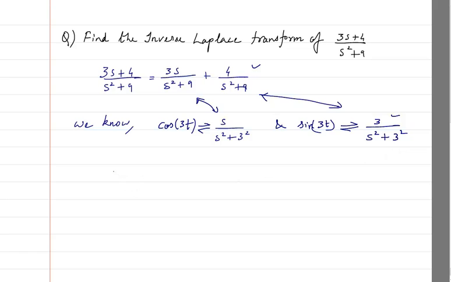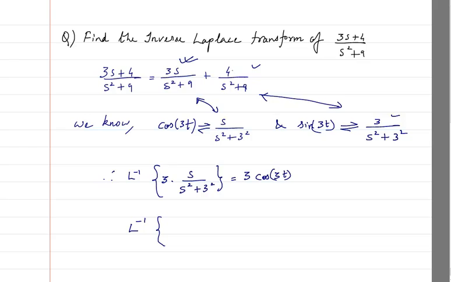Therefore, Laplace inverse of 3 times s divided by s square plus 3 square is going to be equal to 3 times cos 3t. And now listen to this very carefully, because many people make mistakes.